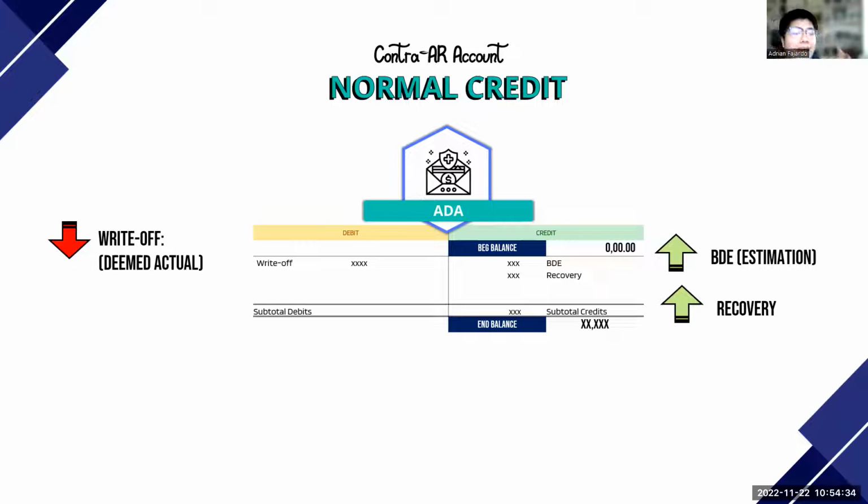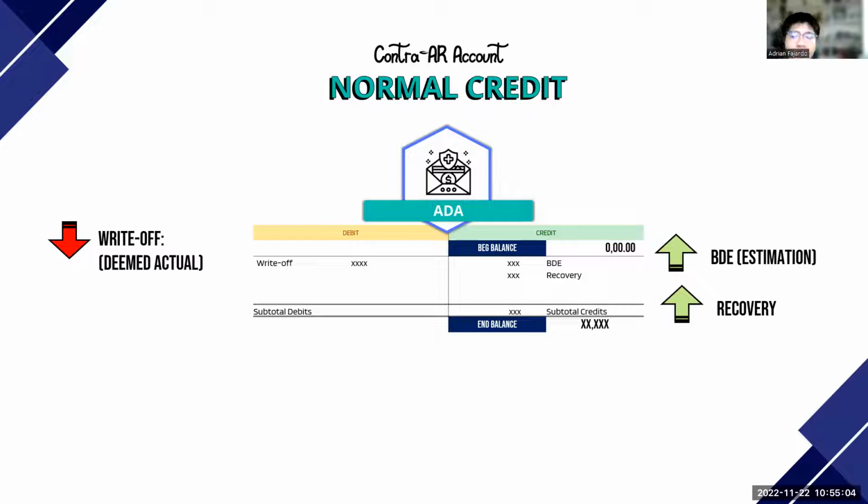Since it's a contra asset account, the normal balance for an ADA would be a credit. The reason why I'm highlighting the normal balance is because generally, ang ADA can have a debit or credit balance before adjustments. So please understand that since it's a contra asset account, the normal balance is a credit account. The normal balance of ADA is a credit account.